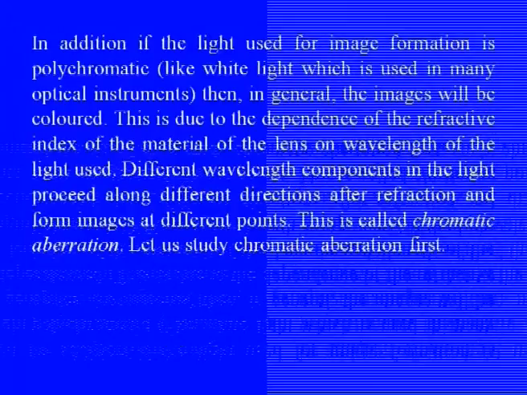Different wavelength components in the light proceed along different directions after refraction and naturally form images at different points. This is called chromatic aberration. Let us study chromatic aberration first.